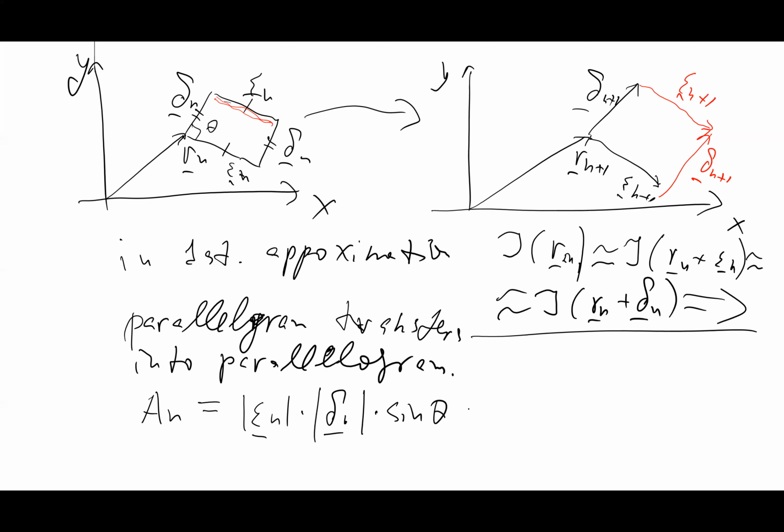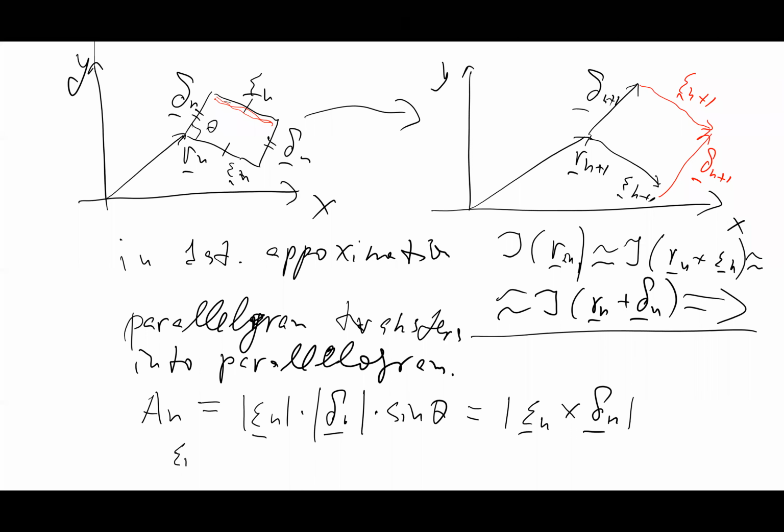And this can be represented as the length of the cross product of epsilon_n and delta_n. So this is pretty much the definition of the cross product.